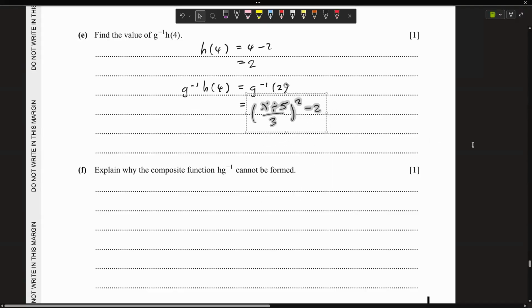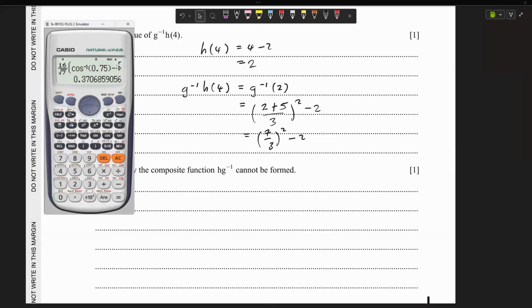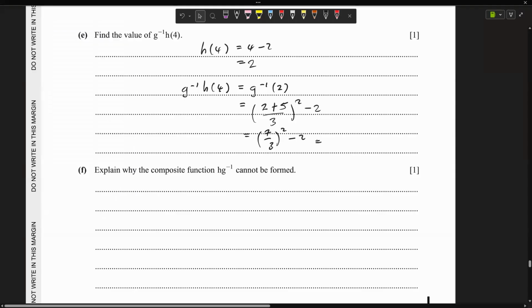In place of x, we are simply putting 2. So that's 7 over 3, squared, minus 2, and we get 31 over 9. So that's the result we get right here.